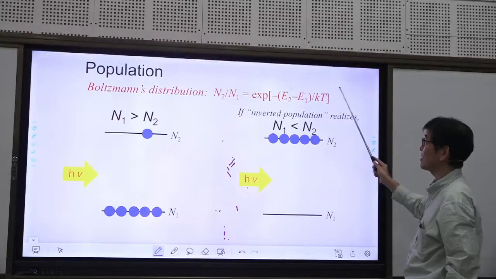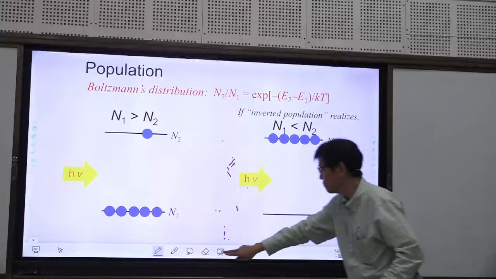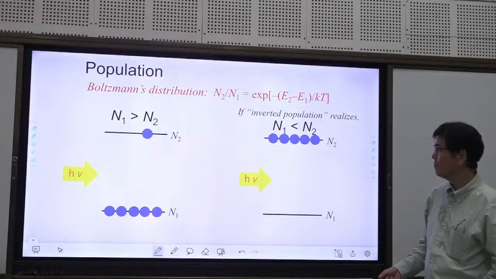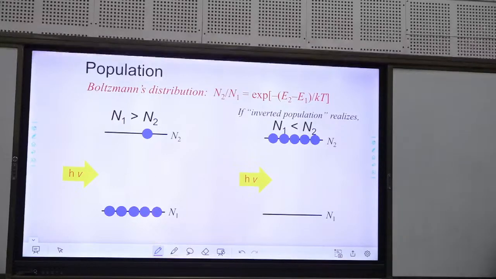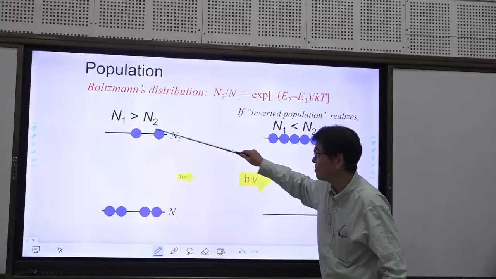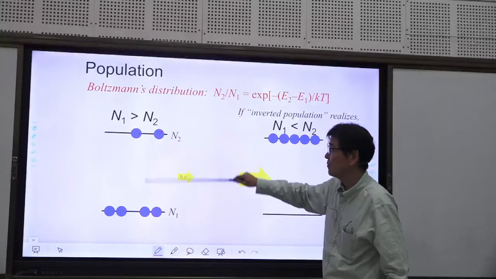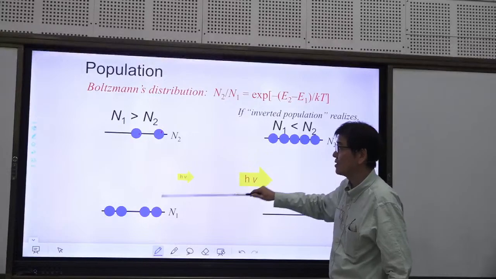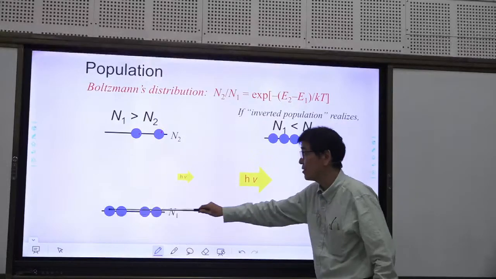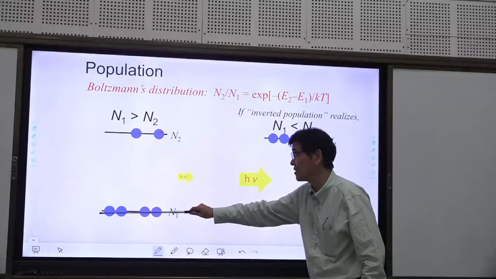This is the Boltzmann distribution. Then light comes. Light is absorbed by these particles and its intensity becomes lower. This is the absorption process. But even in that case, the population in the ground state, the lower state, is larger than in the upper state.